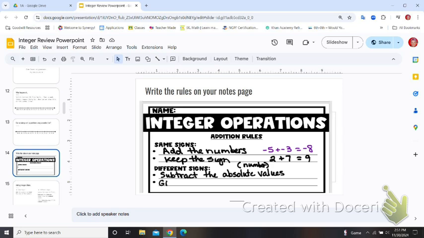And then give the answer the sign of the greater absolute value.